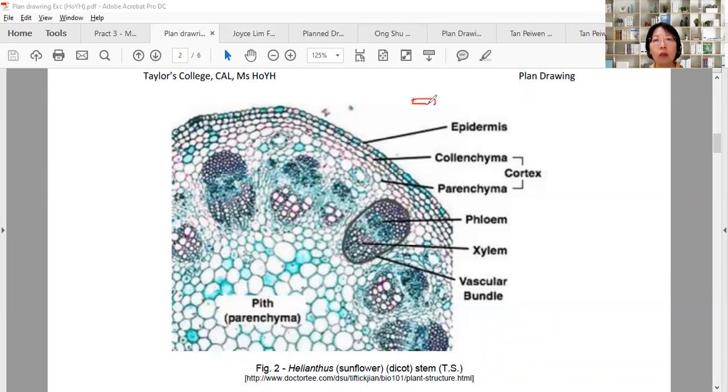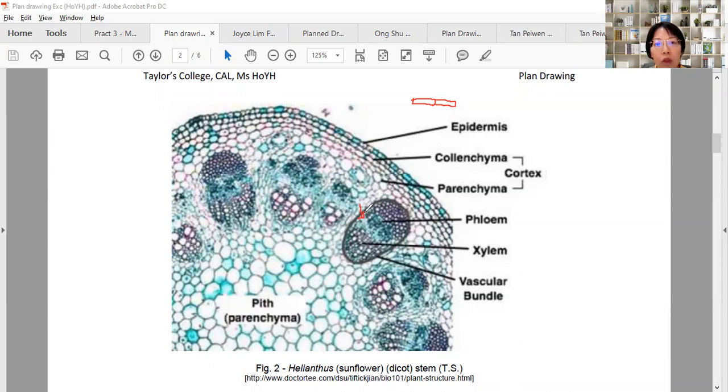You know the brick that you use to build the wall, the brick shape. So it's usually brick shape with a thin wall and thin flat cell like this. Okay, and rectangular shape and very light in color. So therefore, when I see this, for example, I will know that this part is the cambium.